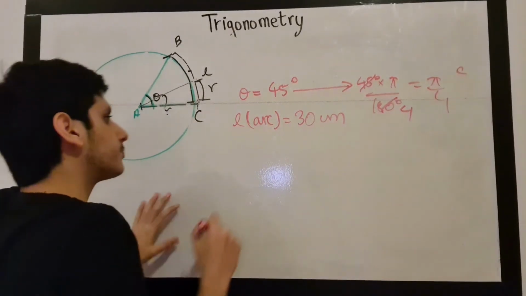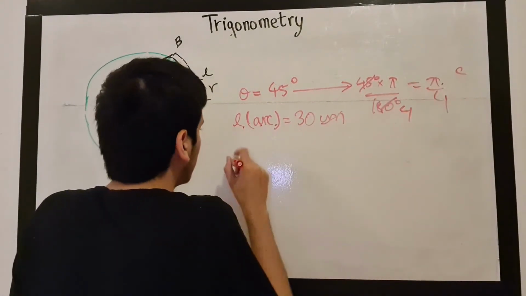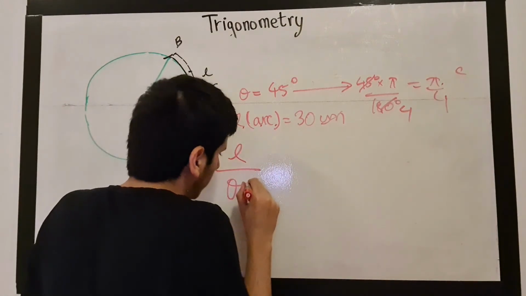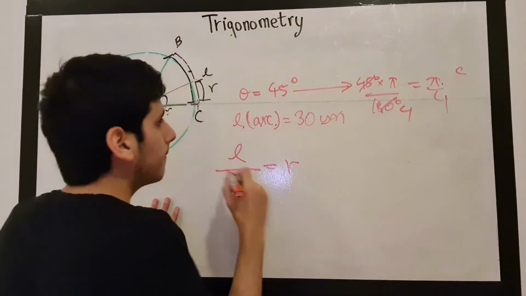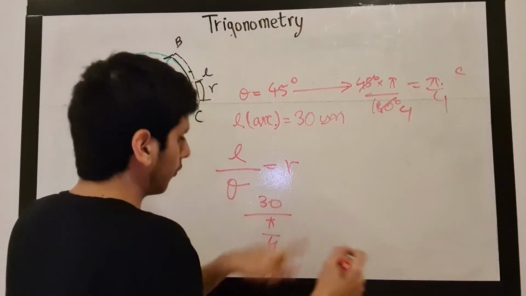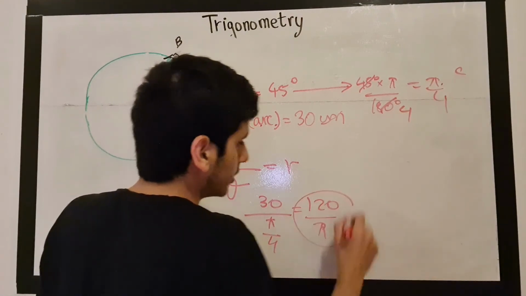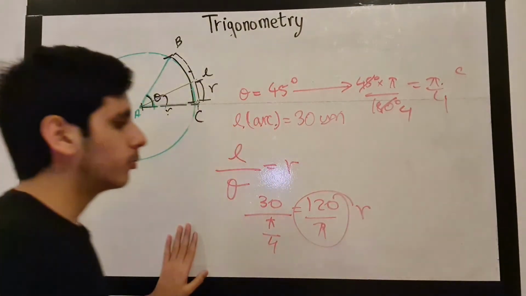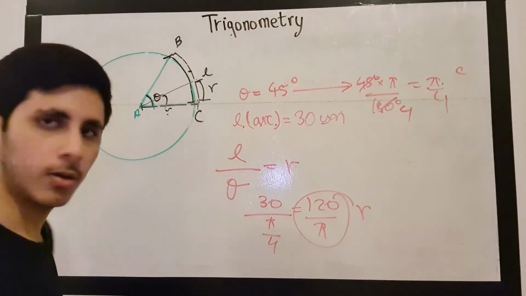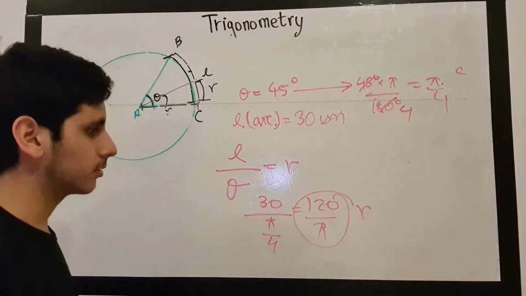Now, length of the arc is 30 centimeters, central angle pi by 4 radians. So length divided by the central angle gives r: 30 divided by pi over 4. The 4 goes up, which gives 120 by pi, the value of the radius of the circle.